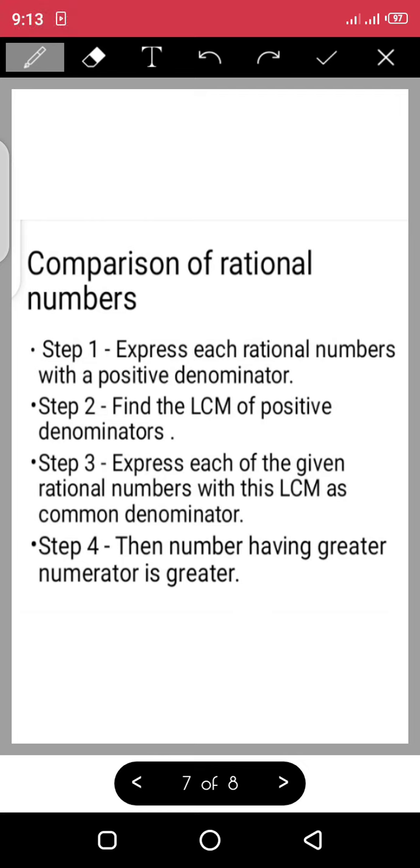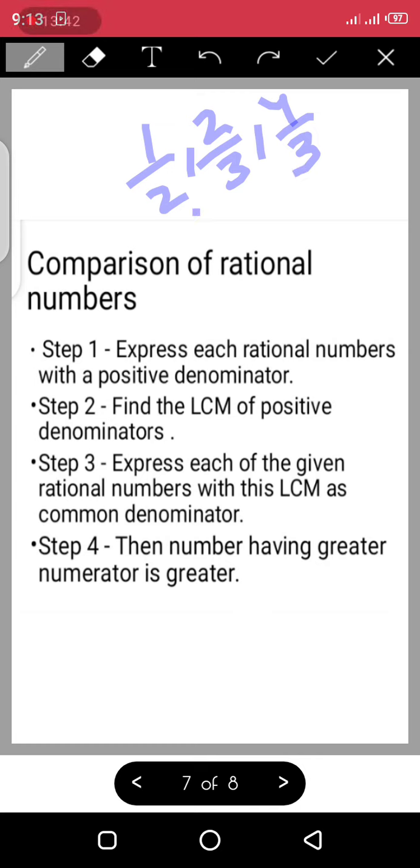Okay, then the next step is to find the LCM of the positive denominators. Then we will find the LCM of all the denominators. Means if we have many numbers, 1 by 2, 2 by 3, 4 by 3, then 2, 3, 3, we will take out the LCM of 2, 3 and 3.